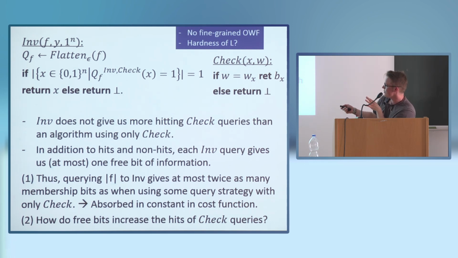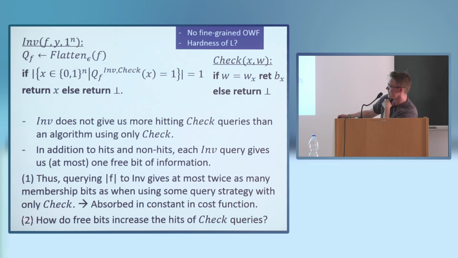So as long as you only query inverse with F, you get at most twice as many membership bits as you would when using the same query strategy with only check. And this is absorbed in the constant in our cost function earlier.